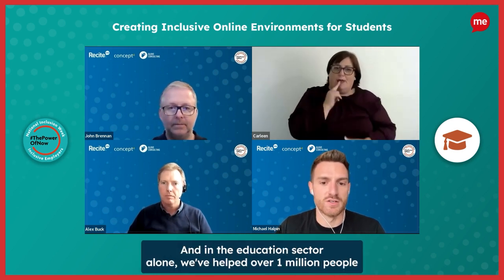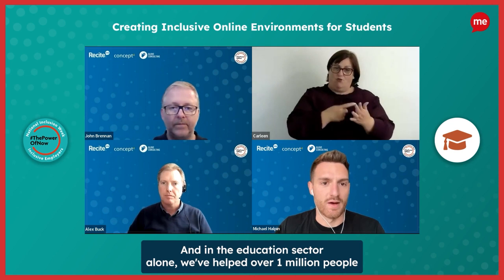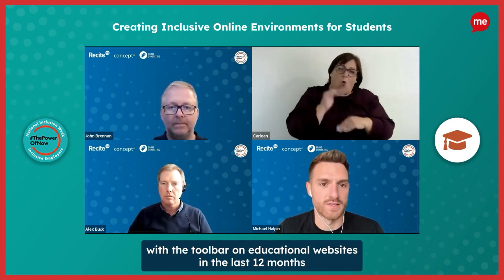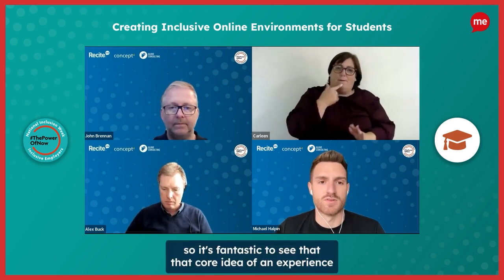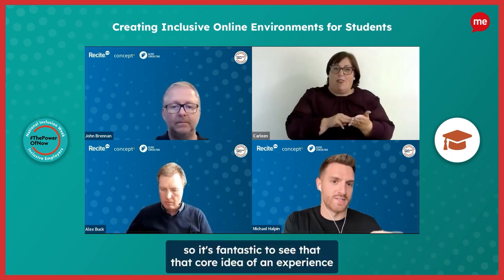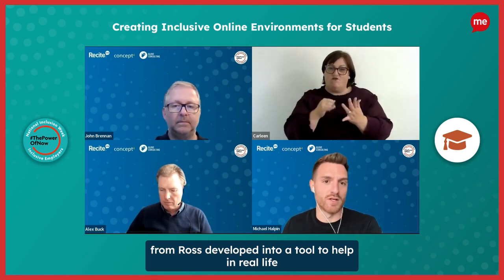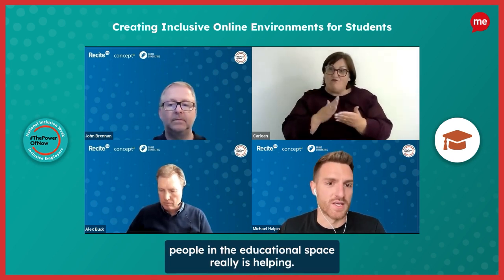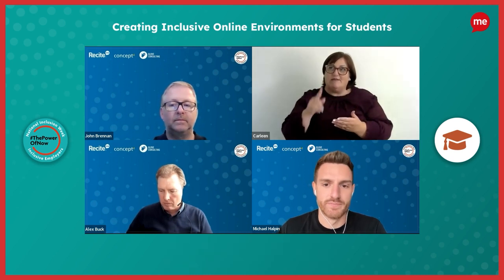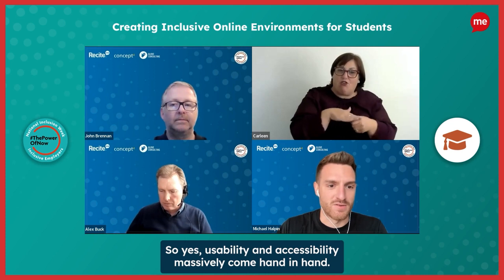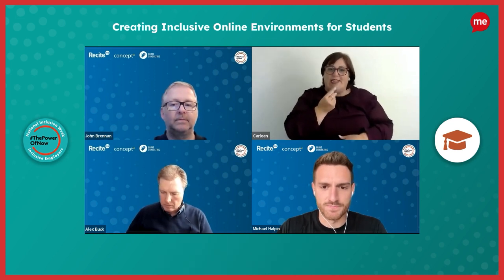In the education sector alone, we've helped over 1 million people with the toolbar on educational websites in the last 12 months. So it's fantastic to see that core idea of an experience from Ross developed into a tool that is really helping real people in the educational space. So yes, usability and accessibility massively come hand in hand.